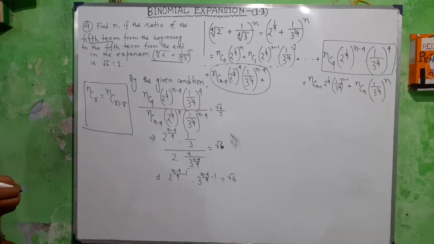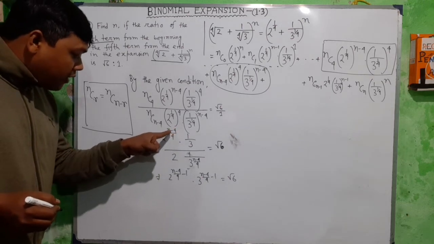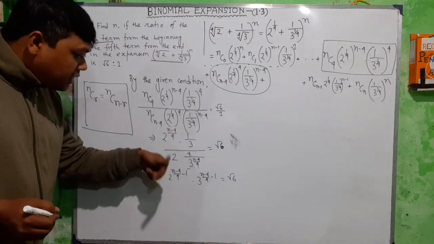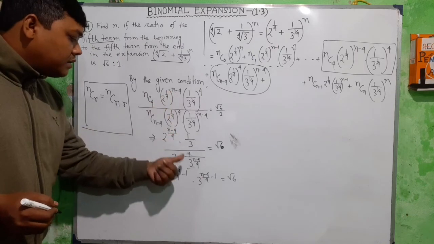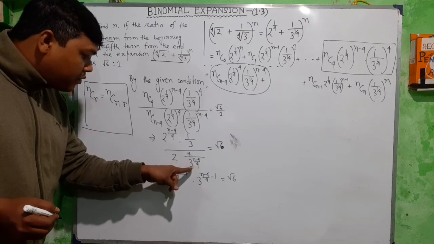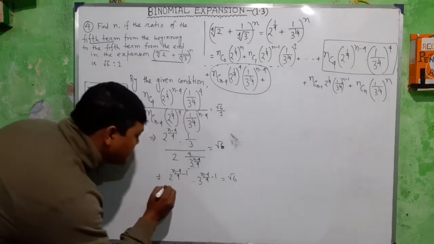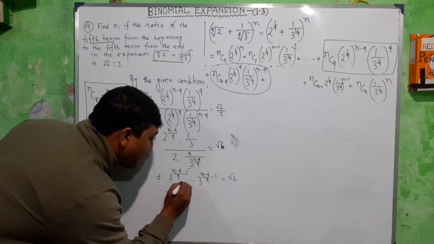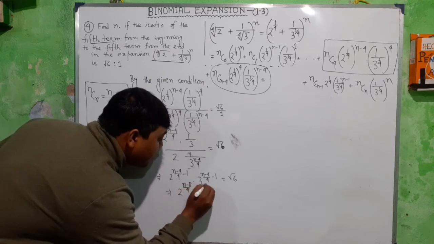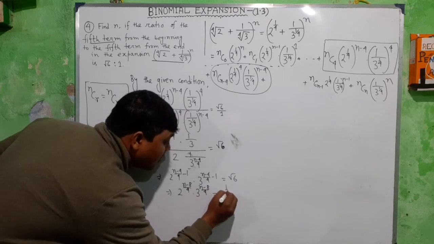If I take 2 to the power minus 1, according to the indices rule, (n minus 4) by 4 minus 1, and 1 by 3 goes to the numerator part, so 3 to the power (n minus 4) by 4 minus 1. So that gives 2 to the power (n minus 8) by 4 into 3 to the power (n minus 8) by 4 equals 6 to the power half also.